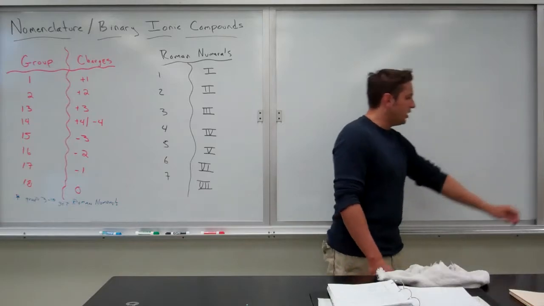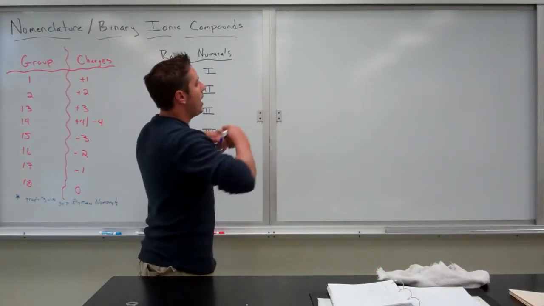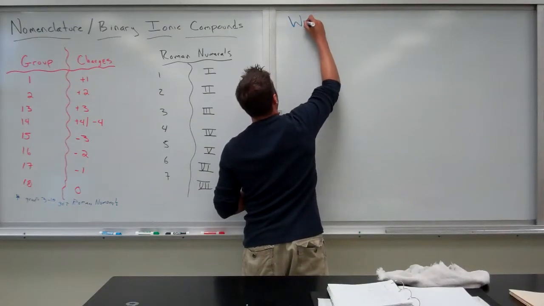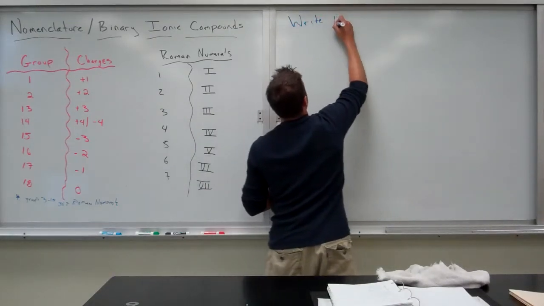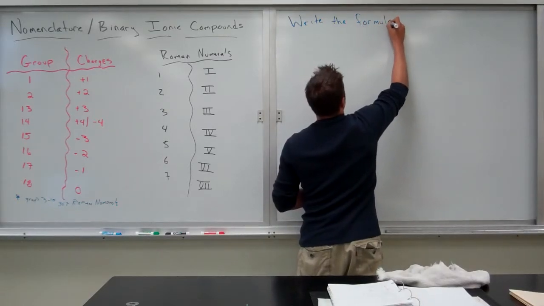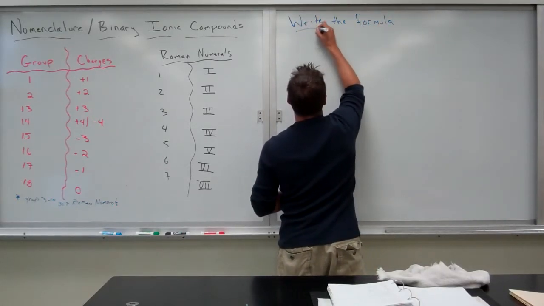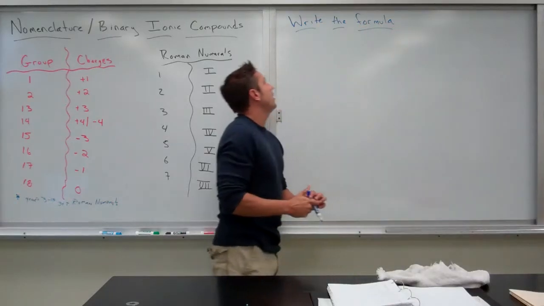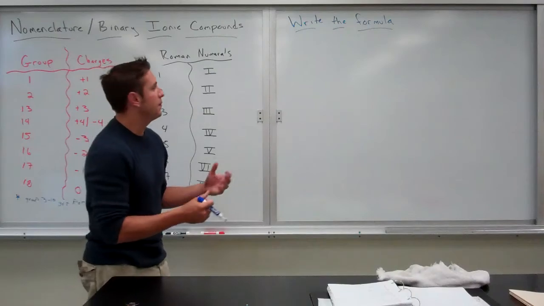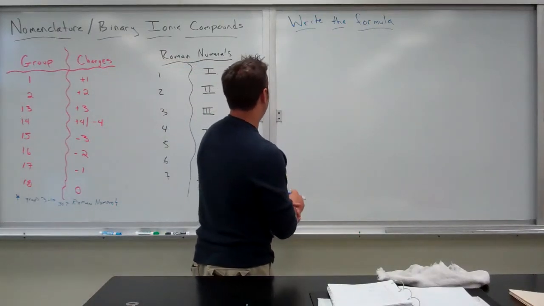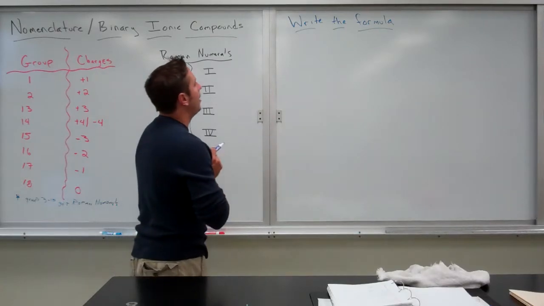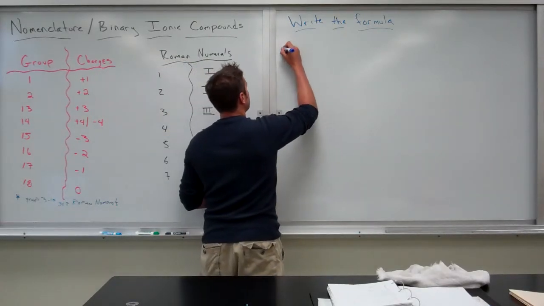So what I'm going to list up here is the way we write the formulas. Right? So every type of compound has 2 avenues. One where you're looking at the name of something and you want its formula, and then the reverse. You're looking at the formula and its name. So if I'm trying to write the formula for an ionic compound, I'm going to follow the following steps.